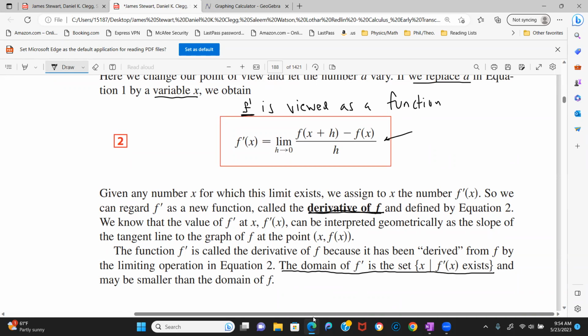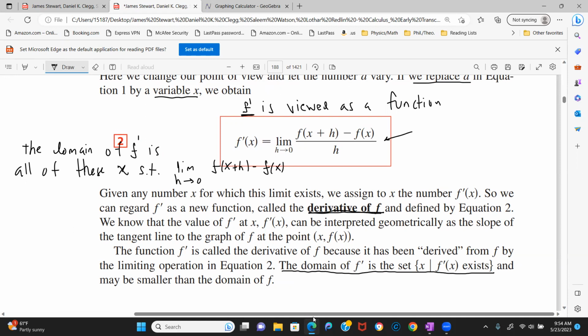So the domain of f prime is all of those x such that, let me just spell it out a little bit more, this limit exists.